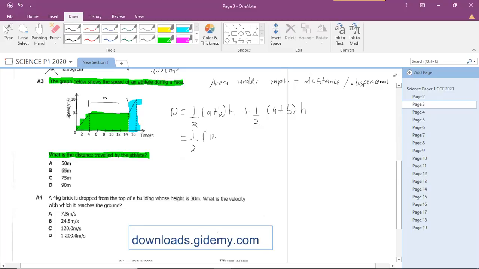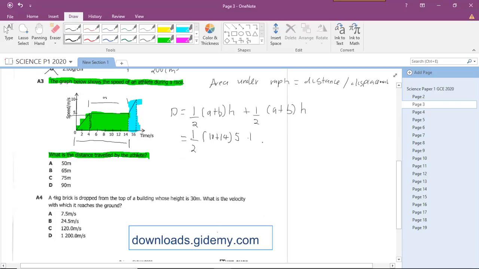Plus, this is the longer side. The longer side of this trapezium is from 0 to 14. So we're just going to say that's 14. And the height of this trapezium is this distance there, which is 5.